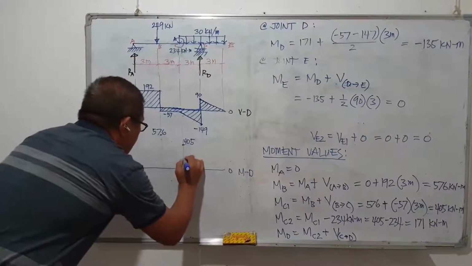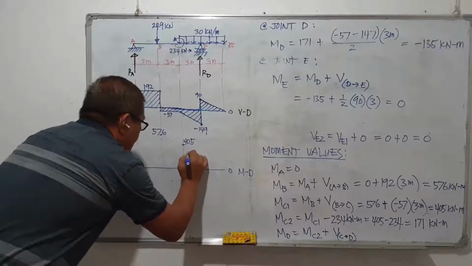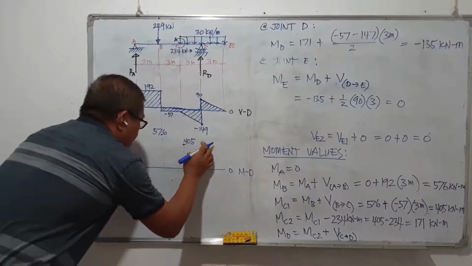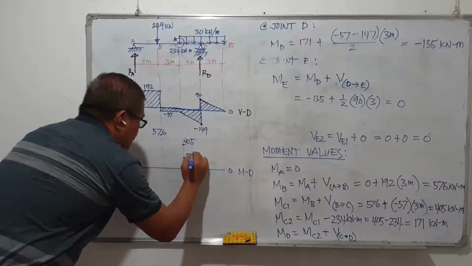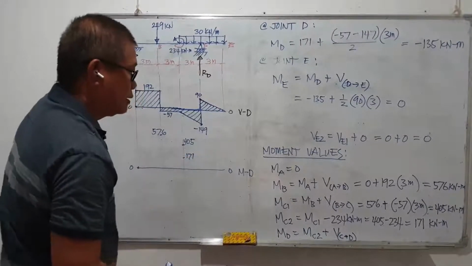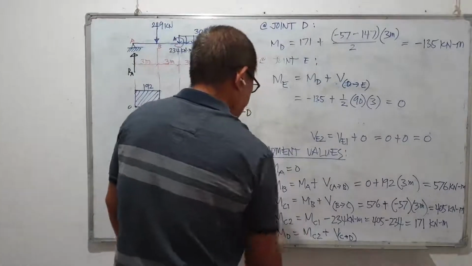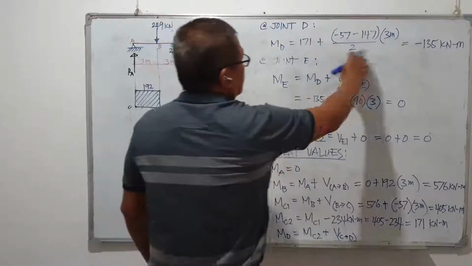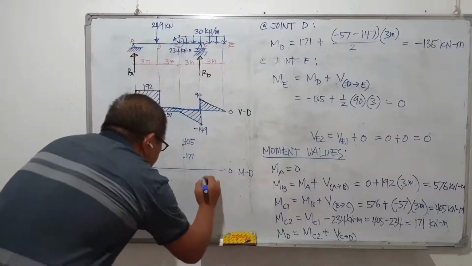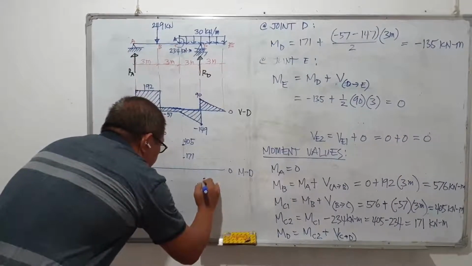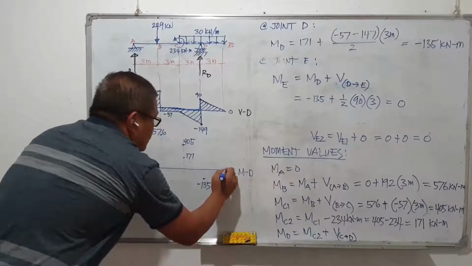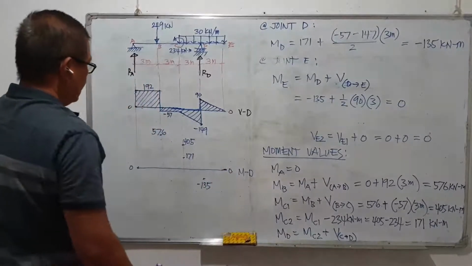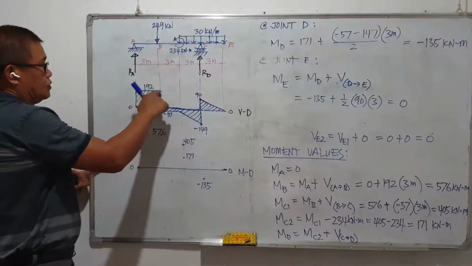So 171 here. Then at point D, M sub D is negative 135. And then it goes back to 0 at point E. This is a 0 degree curve.